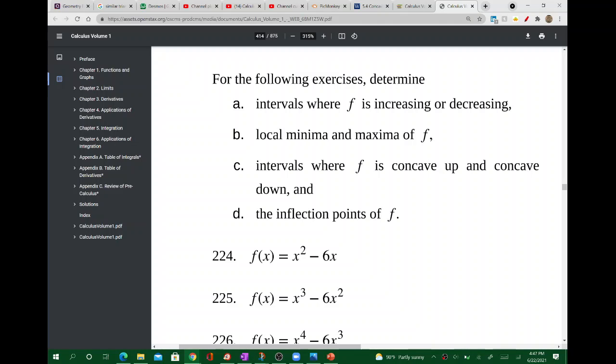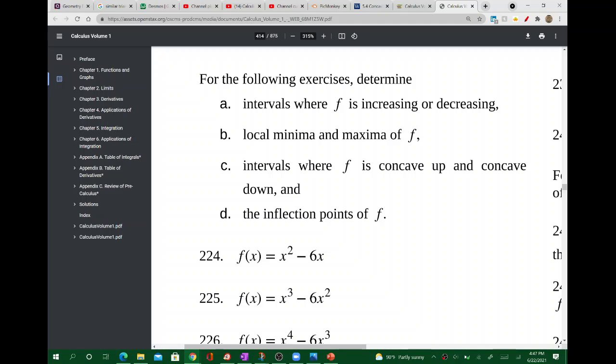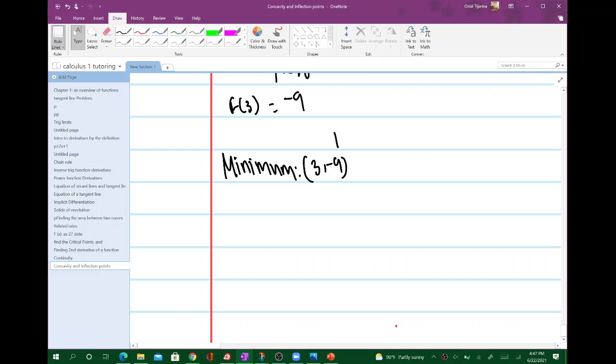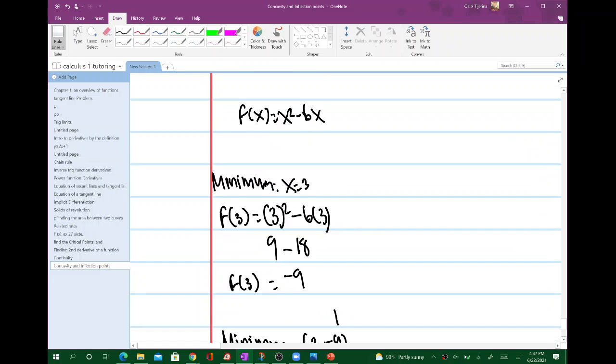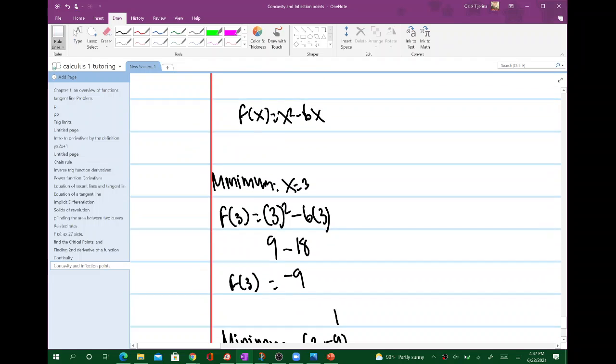B. And now part C says find the intervals where f is concave up and concave down. So part C wants us to find concavity. So that means we're going to have to set f double prime of x equal to 0.